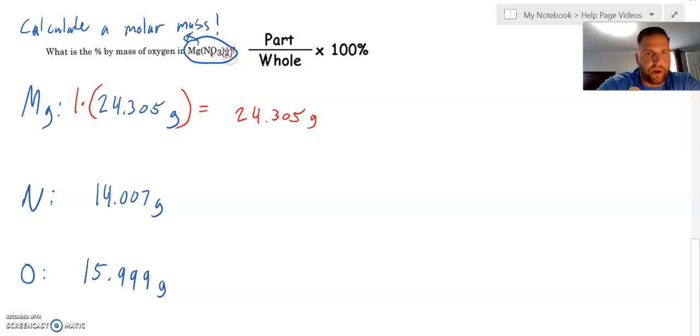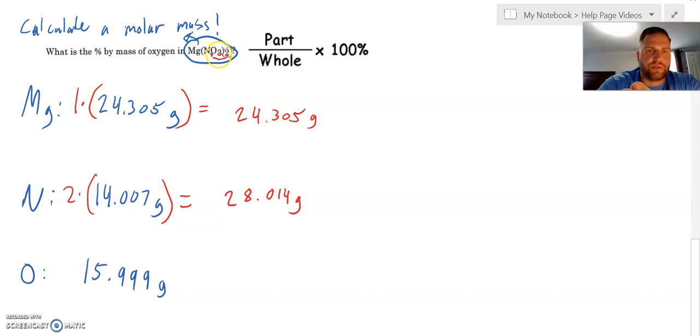But notice that there are 2 of these nitrate groups. So what that means is that I have to multiply 2 by 1. We have to multiply the nitrogens by 2. Let's go ahead and do that. That equates to 28.014 grams.